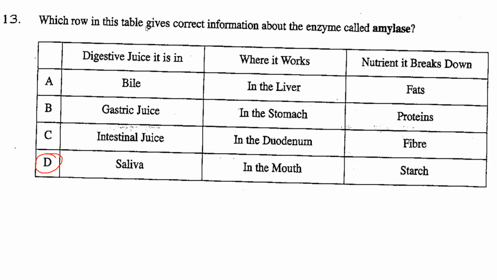So back to you, Talia. What is amylase? It's an enzyme in the mouth. It works in the mouth. It is found in the saliva, and it helps to break down starch. Very good.